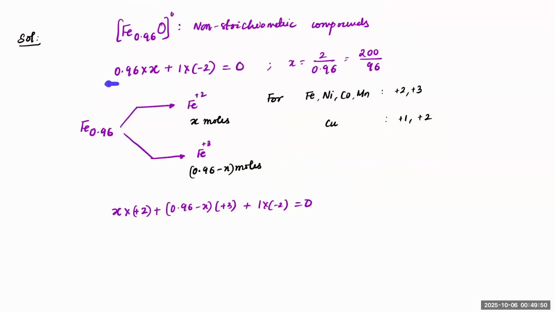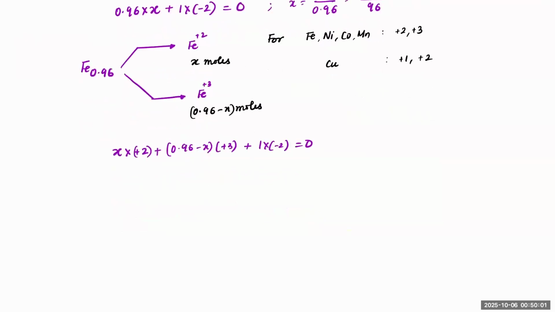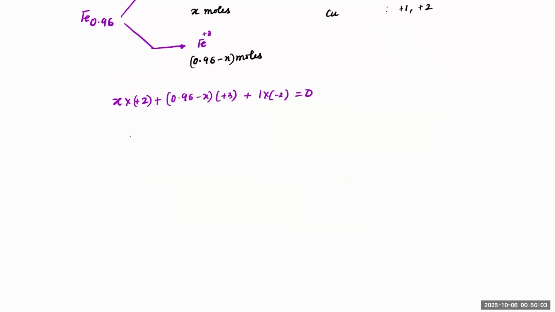Now the same algebraic equation, instead of writing oxidation number, I am writing in terms of individual oxidation states. So when you do that, what do I get? 2x minus 3x plus 3 times 0.96 is equal to 2.